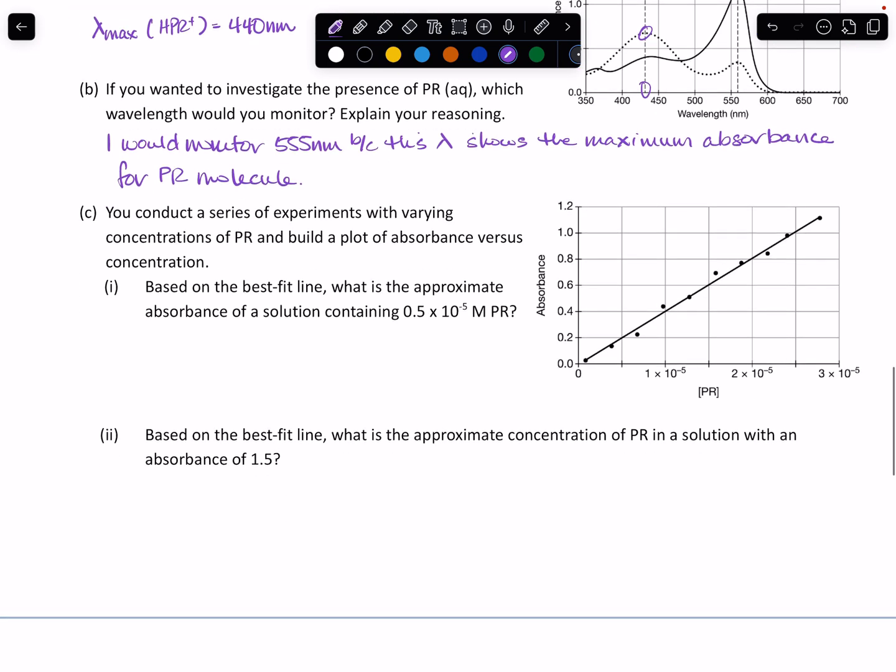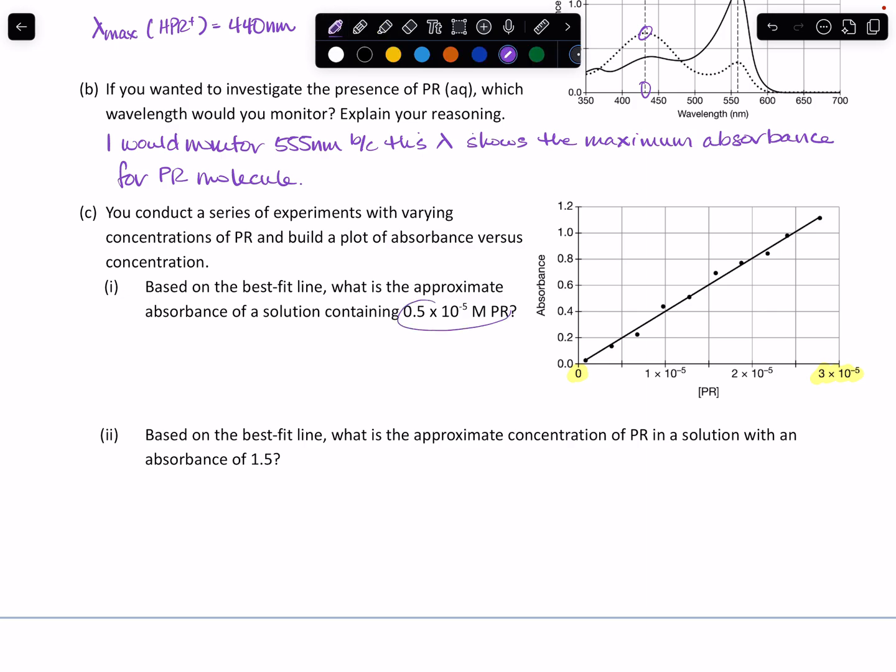You conduct a series of experiments with varying concentrations of PR and build the plot of absorbance versus concentration. Based on the best fit line, what is the approximate absorbance of a solution containing 0.5 times 10 to the negative fifth molar PR? So if I look, this particular plot runs from 0 to 3 times 10 to the negative fifth in terms of concentration.